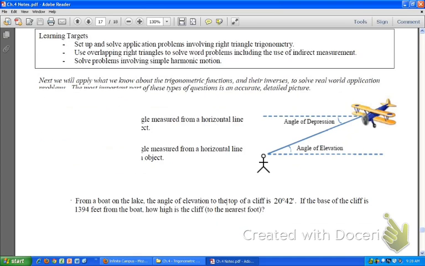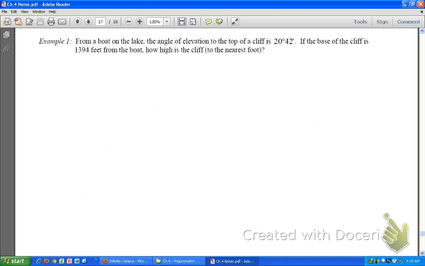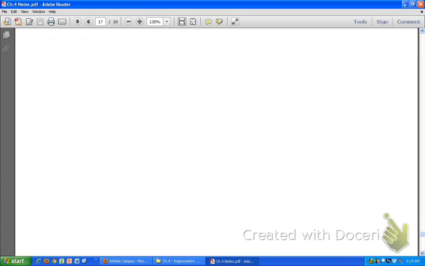Hold on, my screen is not moving. I know your screen moved, but mine didn't. This is going to be tricky. Oh, there it goes. Okay. Oh, I just lost it. Did you guys just lose it? What is happening?